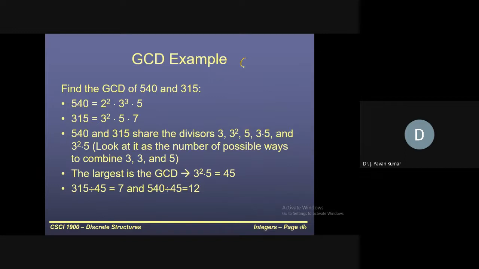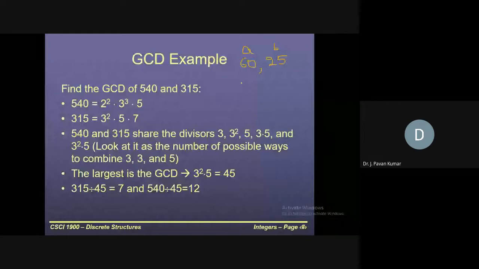Suppose let us consider 60 and 25. Now let us consider the values of A and B as 60 and 25. If you have any doubt, please let me know, because I don't know whether you are understanding or not. If you have any doubt, please raise it. Now consider 60 and 25.